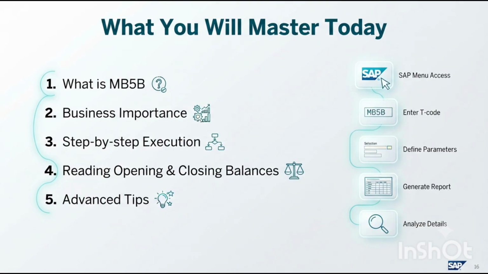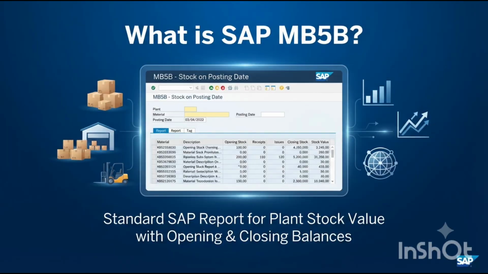So, we will start with the basic introduction. SAP MB5B is the standard transaction code used to generate stock on posting date reports. It provides a complete picture of a material's stock quantity and value in a plant on any specific date. Unlike MMBE, which shows current stock, MB5B is time-based.